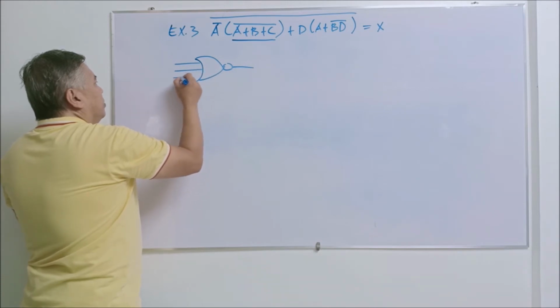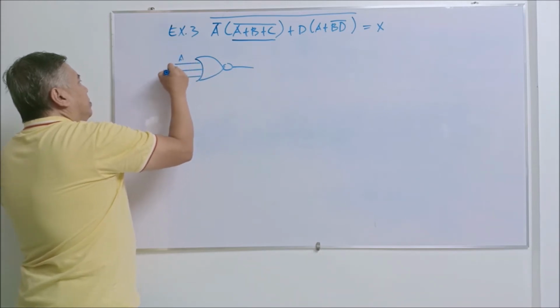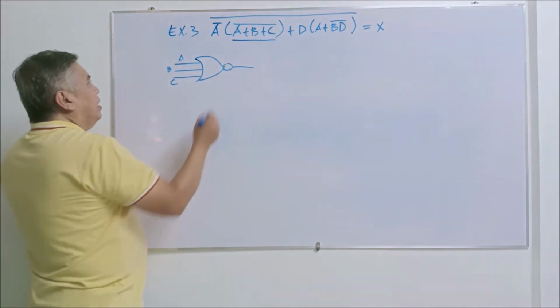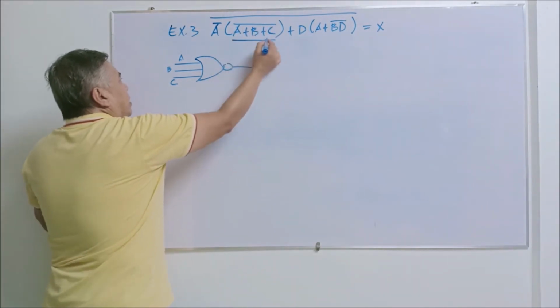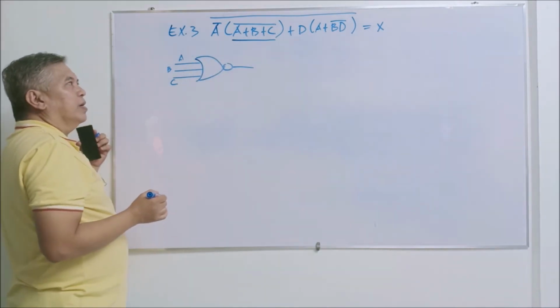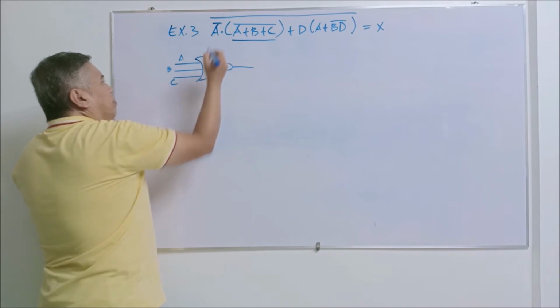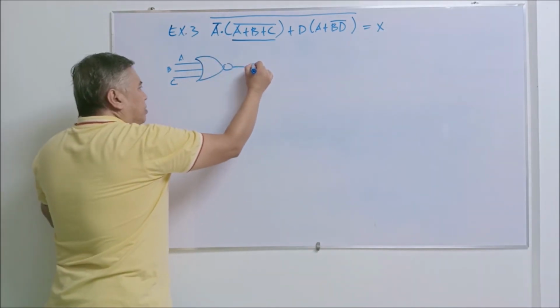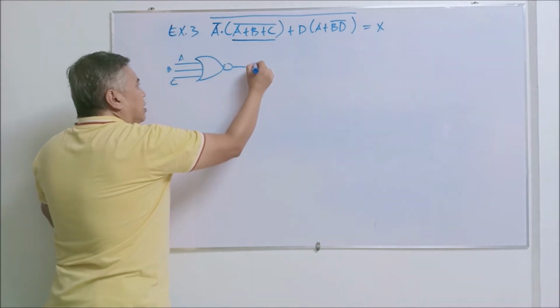You have inputs A, B, and C. Okay? Then, this particular equation is being ANDed to A complement. Okay? So, they are being multiplied together. So, multiplication, you represent that with an AND gate.